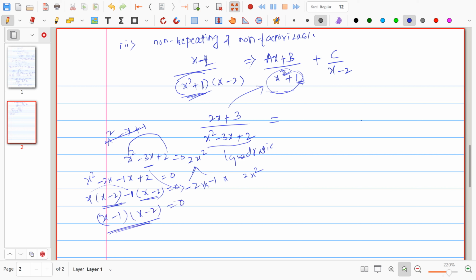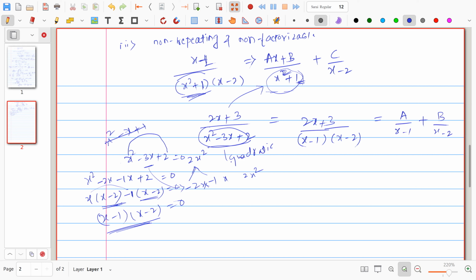Like this we can simplify the quadratic equation into a simple form, and this one we can write as a divided by (x minus 1) plus b divided by (x minus 2) in terms of partial fractions. This one you must understand.